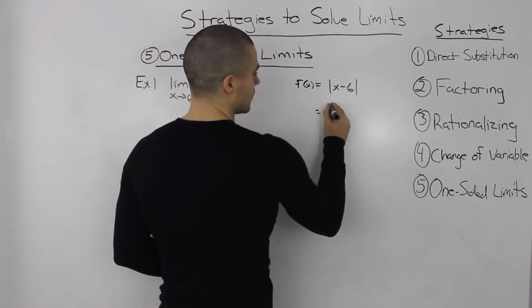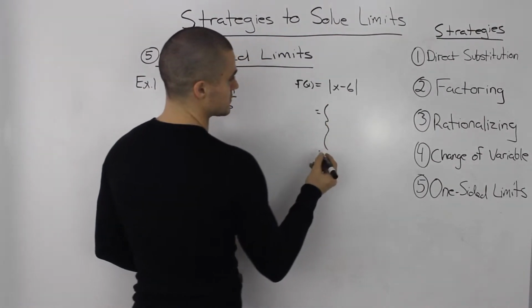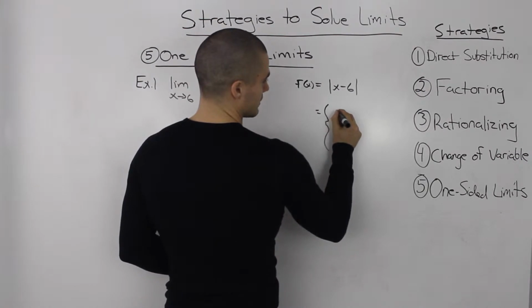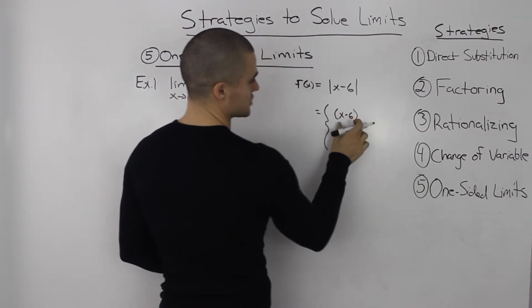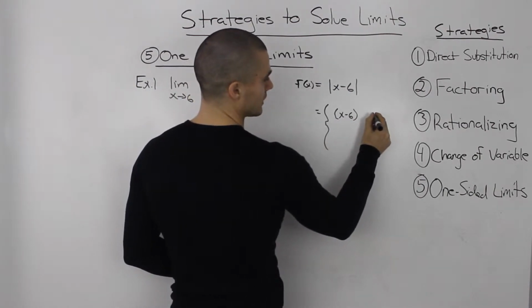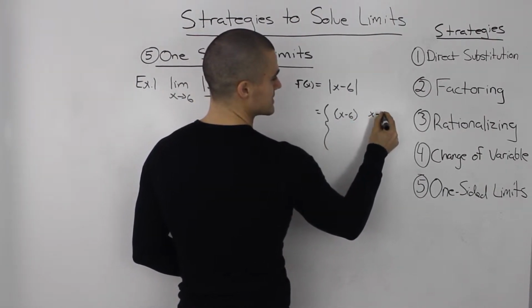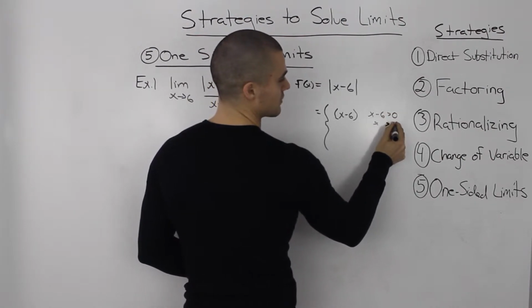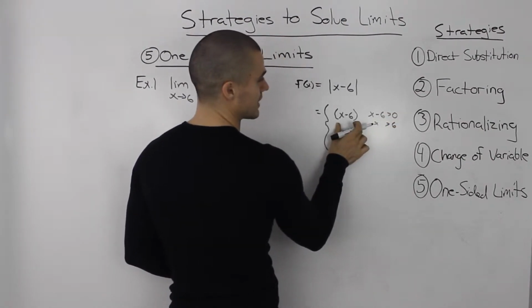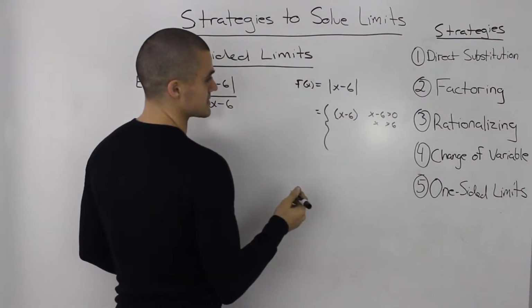So we can make this into a piecewise function. X minus 6 will just stay itself only when x minus 6 is greater than 0, or when x is greater than 6, then we can just keep it as x minus 6.